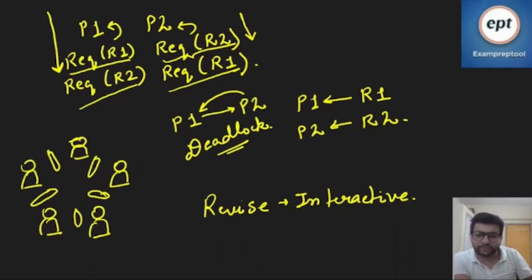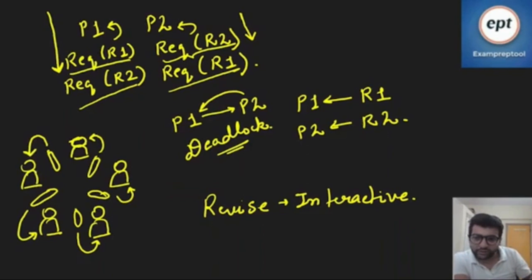Every philosopher needs 2 forks to eat his meal, right? However, this particular philosopher picks this particular fork. This philosopher picks this fork. This fork is picked by this philosopher. This fork is picked by this philosopher. This fork is picked by this philosopher.